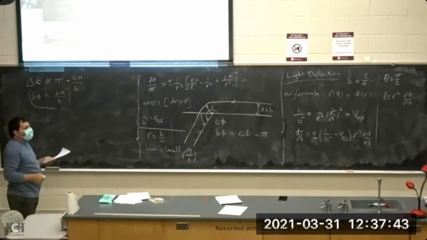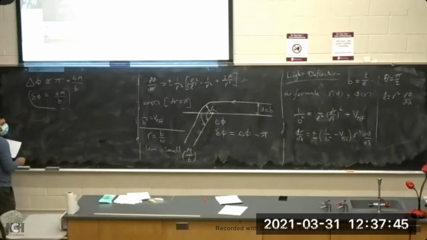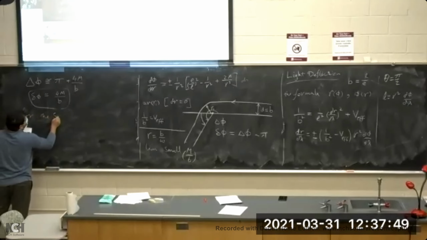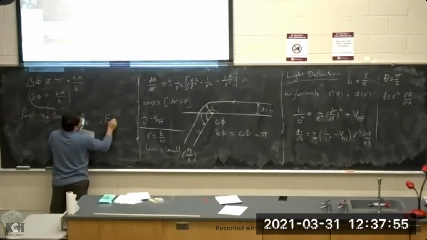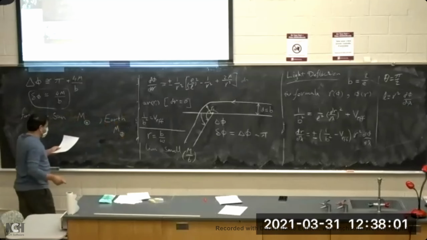This value for the sun, which has mass m, and for air, I will use m plus inside the circle.